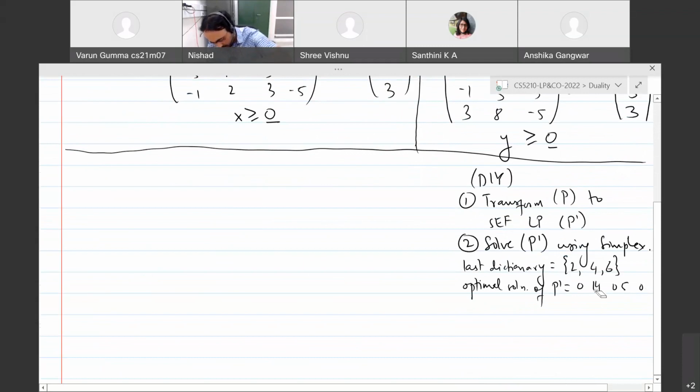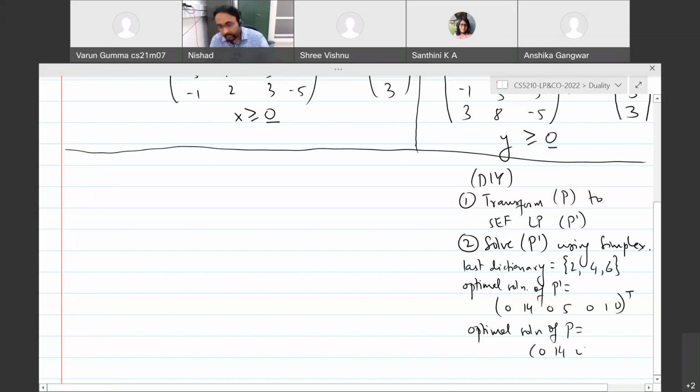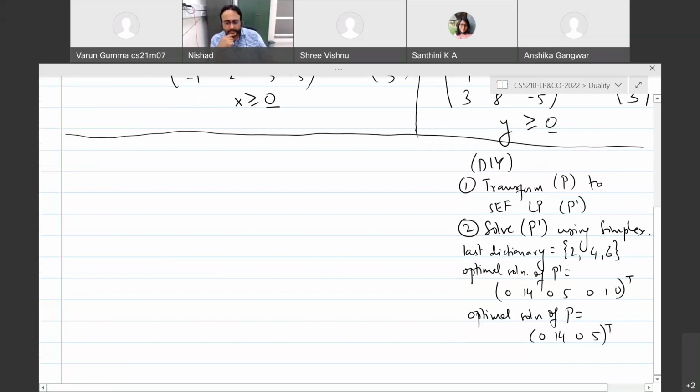Let me just make some space here. So it's going to be 0, 14, 0, 5, 0, 1, 0. And the corresponding optimal solution for the original LP will simply be the first 4 entries. Okay, you can check this using the transformation you did.